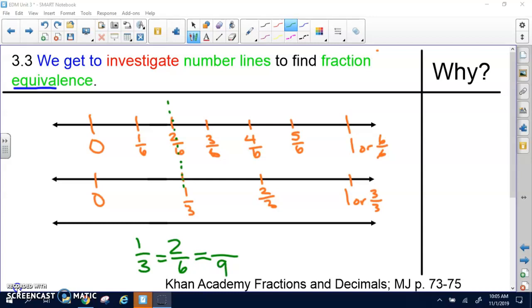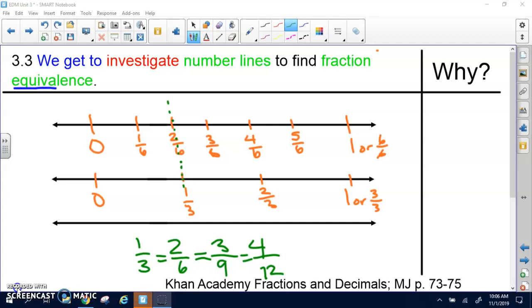And what's the third multiple of 1? Yes, good. So you can even count it that way. What's the fourth multiple of 3? What's the fourth multiple of 1? That's right. So 4/12. See how I'm counting like that?